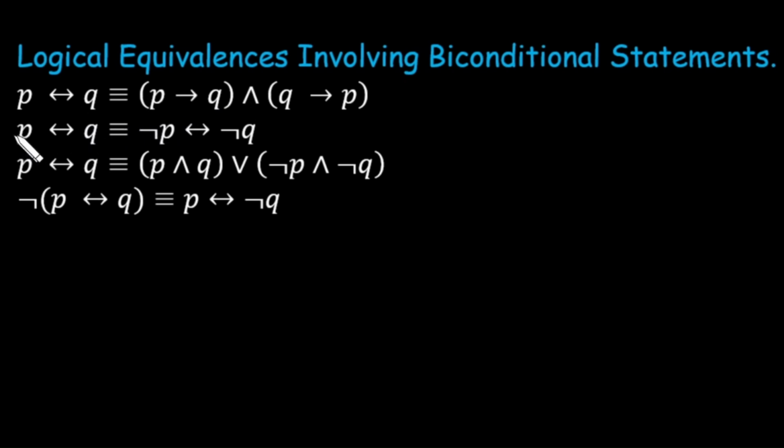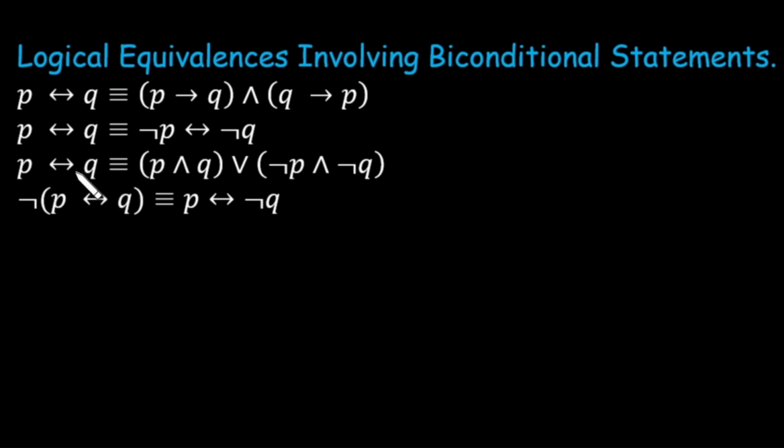Moreover, we can write P if and only if Q means if not P then not Q, and similarly not Q implies not P. Hence, we are using the biconditional.